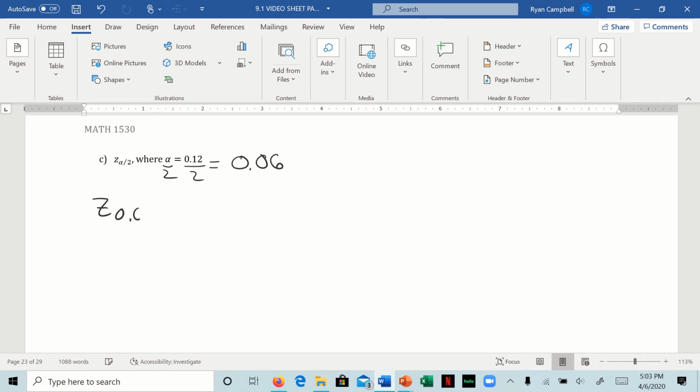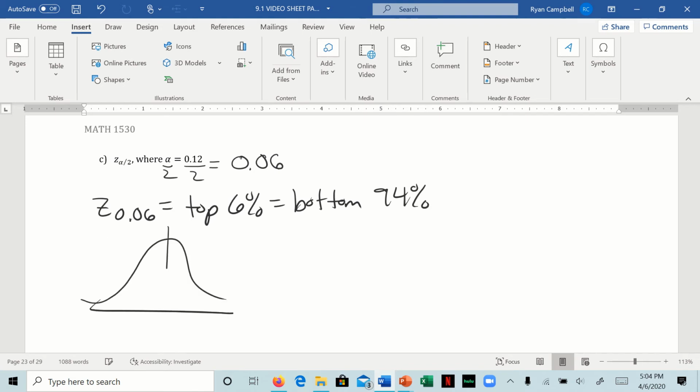So the critical value of 0.06 means you have the top 6%. But again, we only care about the bottom percentages. So that's the bottom 94%. We graph it, going from the left, 50% is not far enough, so we got to keep going. We put 94 here, and we're trying to find this probability, right?